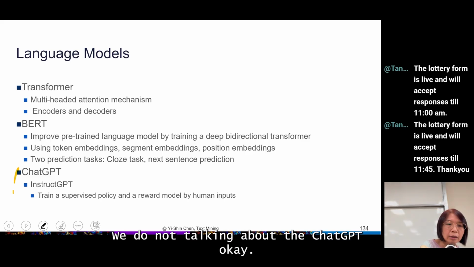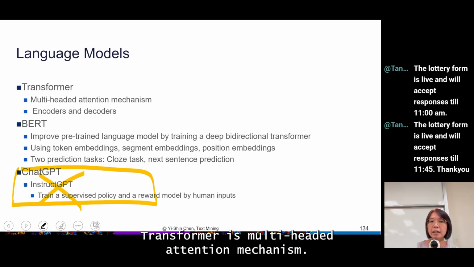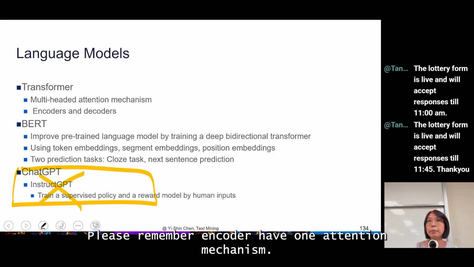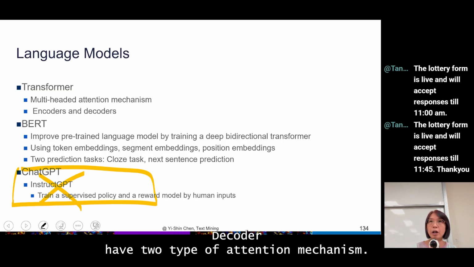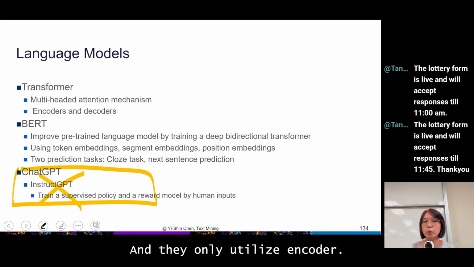Okay, and we also talked about language models. We did not talk about ChatGPT. We talked about the transformer. The transformer is a multi-headed attention mechanism. It has an encoder and a decoder. Please remember, the encoder has one attention mechanism, the decoder has two types of attention mechanism. And BERT is a deep bidirectional transformer, and it only utilizes the encoder.